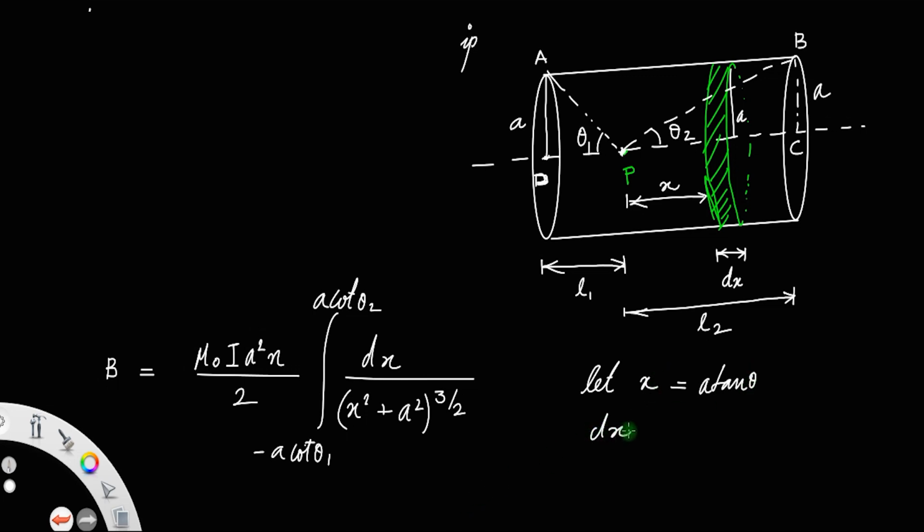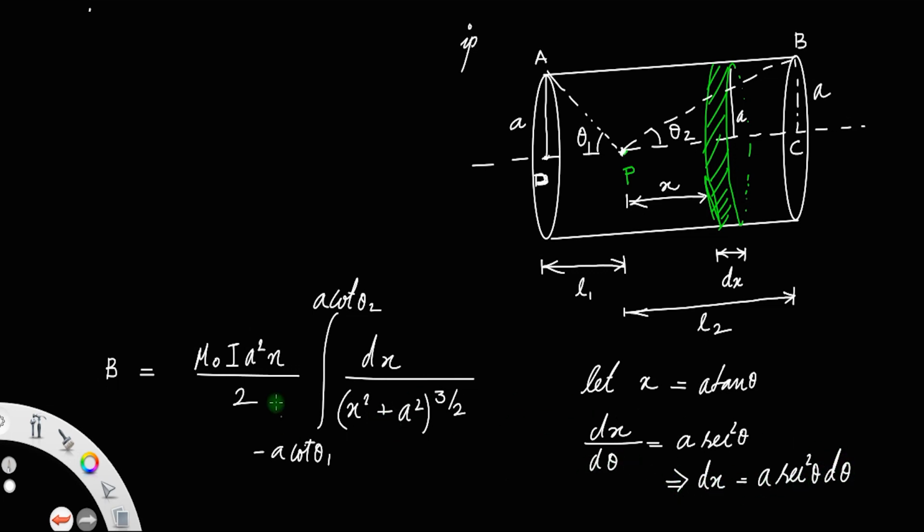Therefore, the derivative of x with respect to theta, where a is constant, is a into the derivative of tan theta, which is sec square theta. This implies dx is equal to a sec square theta d theta.